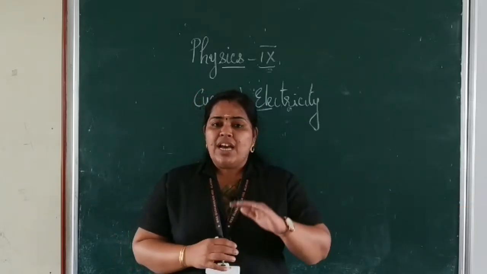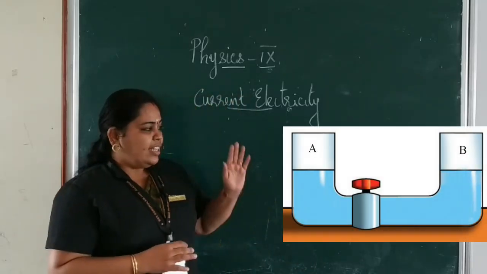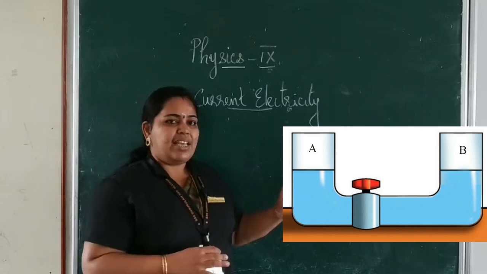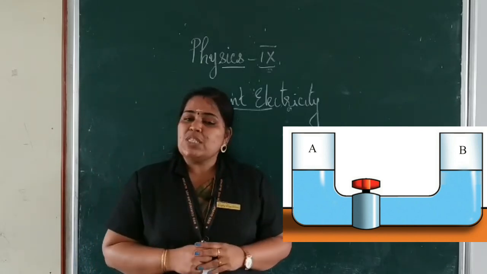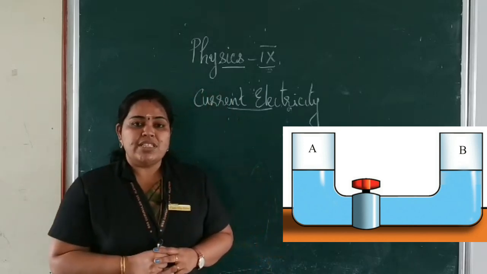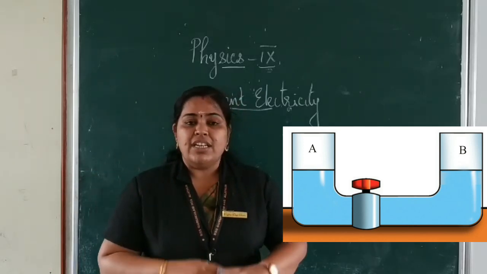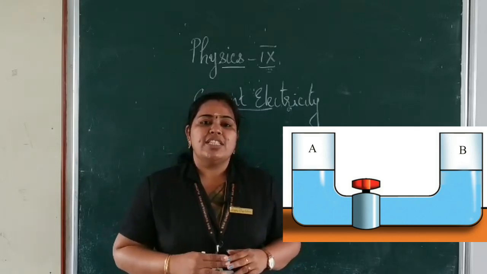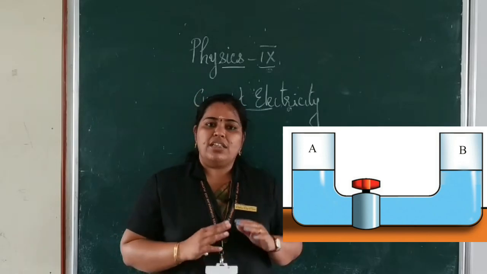Is it clear? Now look at the second picture. Here you can see the water level in both the tanks A and B are same. Now what happens when the valve is opened? Whether the water flow here? Here the flow of water will not take place because the water level in both the tanks are equal.